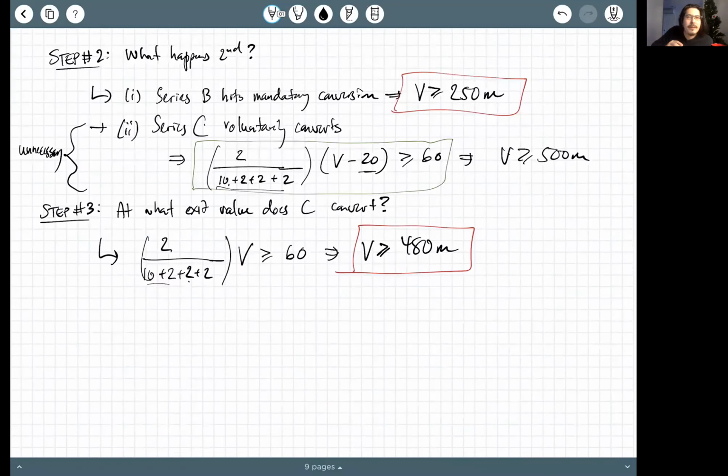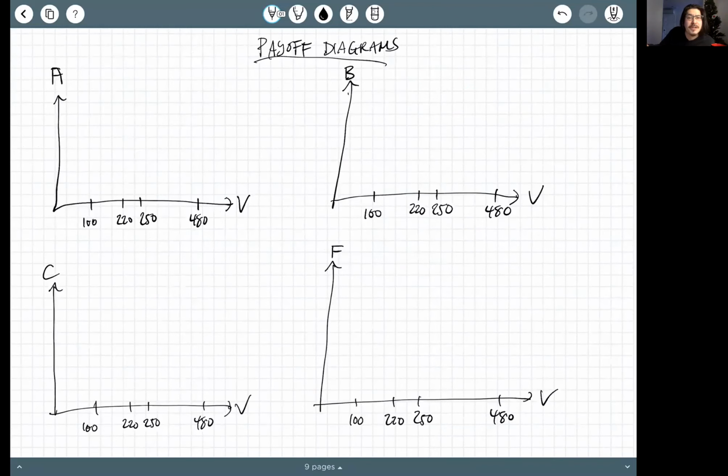Now, one important observation: I'll start mapping out some of these payoff diagrams, and then I'll introduce the important difference between this example with mandatory conversion and the example that we had done at the end of class last Friday. The way I like to build these payoff diagrams is from left to right. So what do we know about founders?